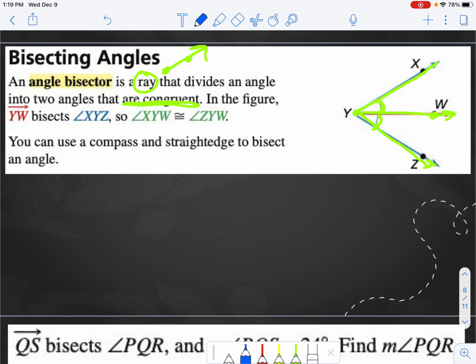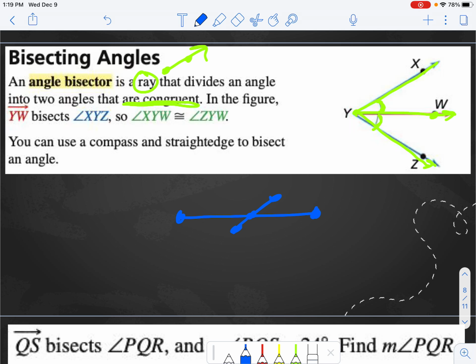I did a little bit of research, and the formal definition of bisect just means to cut something in half. If I have a piece of wood, and I told someone I bisected this piece of wood, that could mean that I cut it anywhere. However, the geometric definition of bisect means to split something in half.